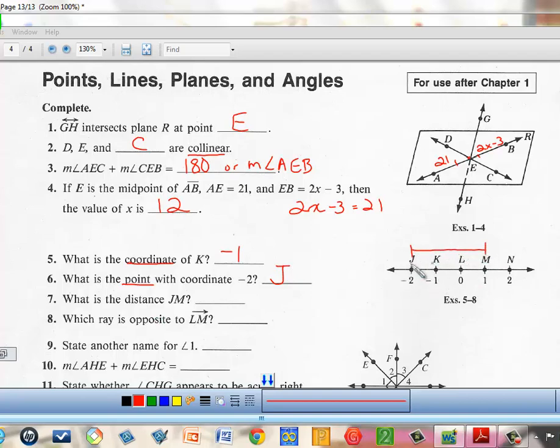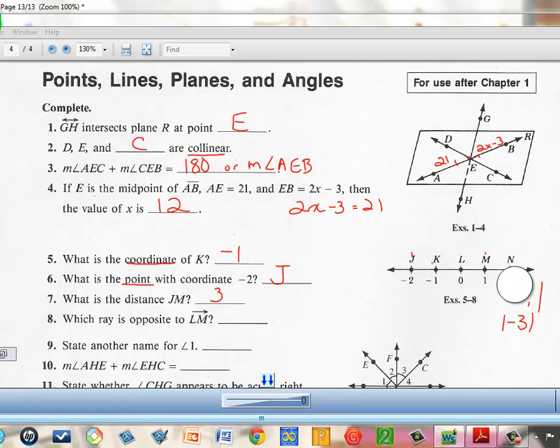You can count 1, 2, 3 to get 3 units, or you could subtract those coordinates and give the absolute value. The length or distance can always be found by subtracting coordinates. -2 minus 1 gives me -3. Absolute value of -3 is +3.